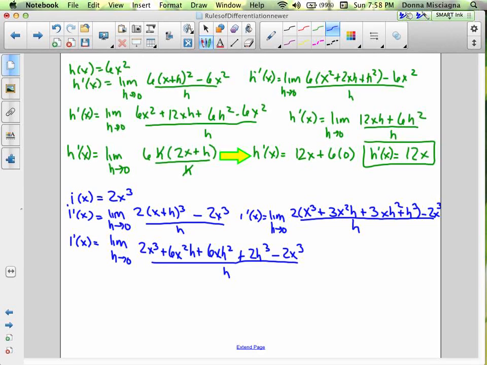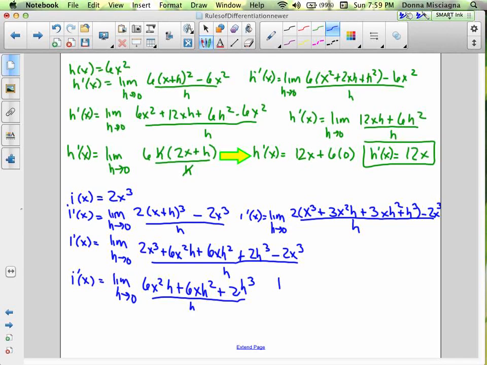The 2x cubes will cancel, so that gives us i prime of x, oops, missing my prime there, equals the limit as h approaches 0 of 6x squared h plus 6xh squared plus 2h cubed, all divided by h. Let's just factor out the h, since we're not going to cancel out the 2 anyway.